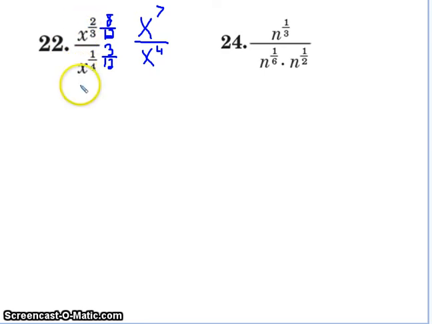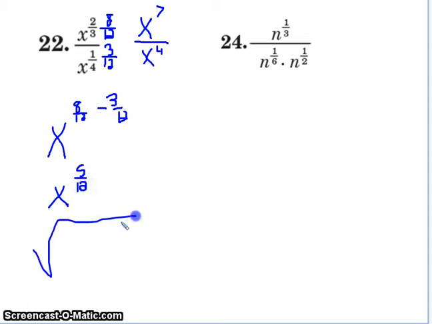So we have the same base, which is going to give us x to the 8/12 minus 3/12, or x to the 5/12. So we have the 12th root of x to the 5th.